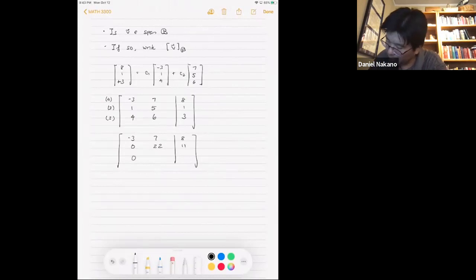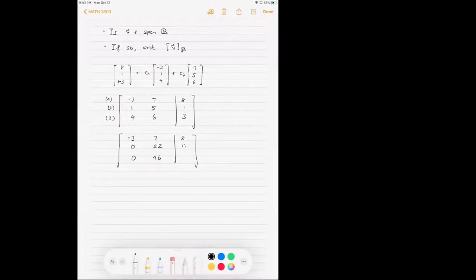So we get 0 here, and we get 28 plus 18, that's 46. And then I get 32 plus 9. What's that equal to? 41. 41, right?